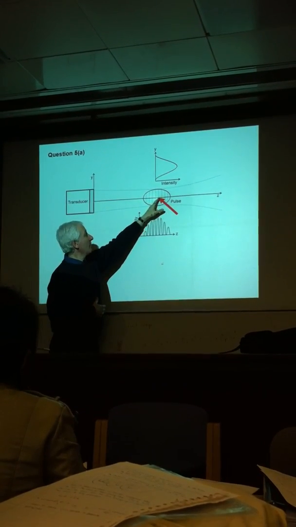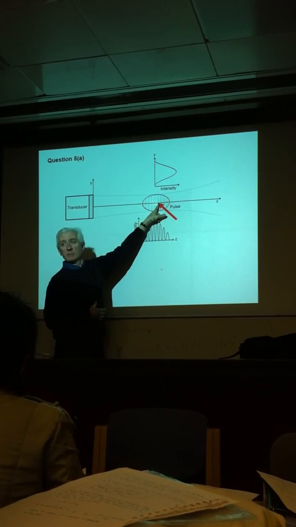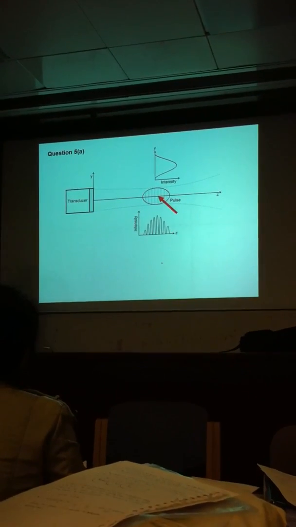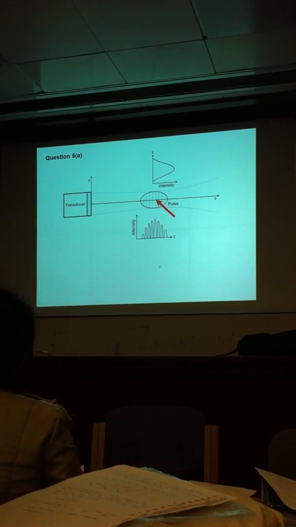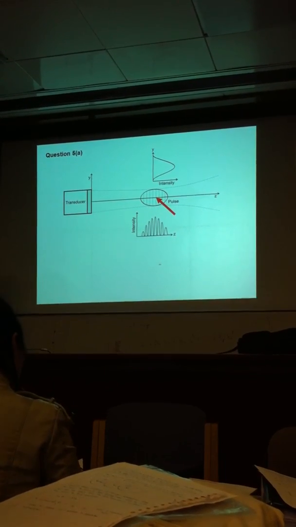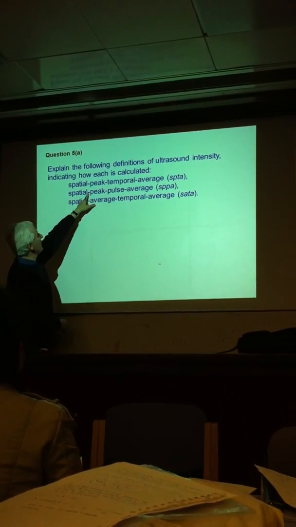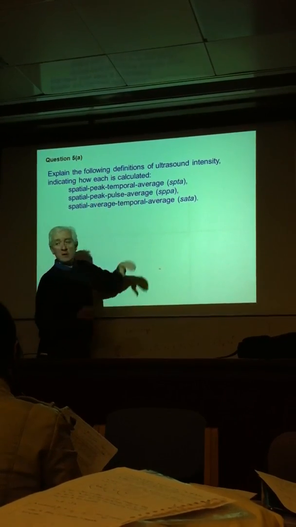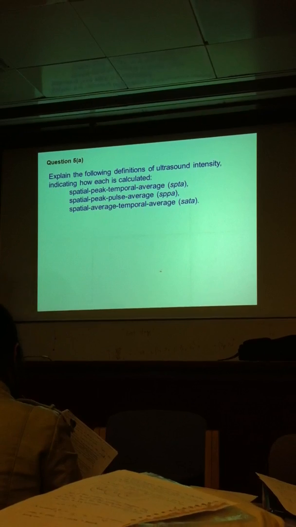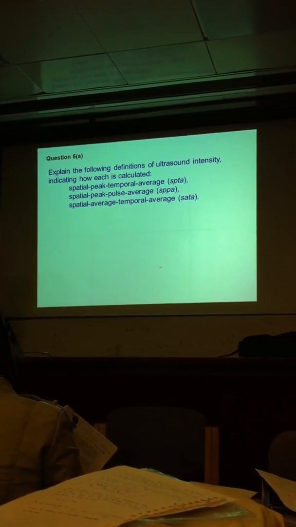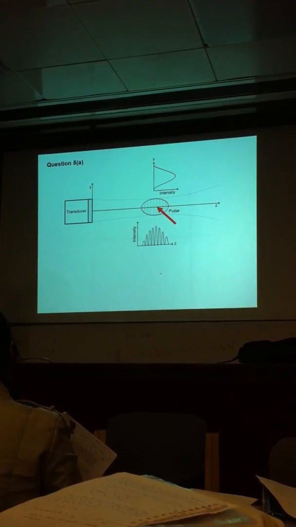So it's going to occur at the focus, probably right in the middle. We call this point within the tissue the spatial peak. And thus, going back here, the spatial peak temporal average and spatial peak pulse average refer to that specific, unique location within the tissue, which we call the spatial peak.